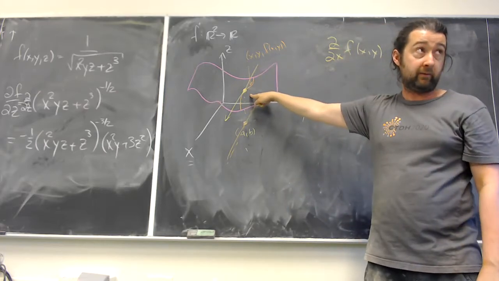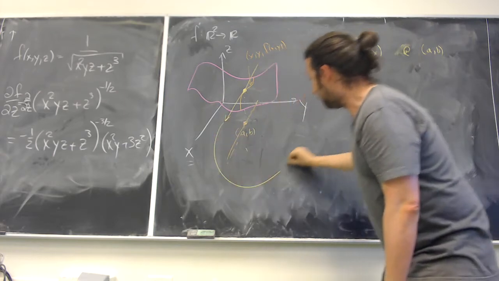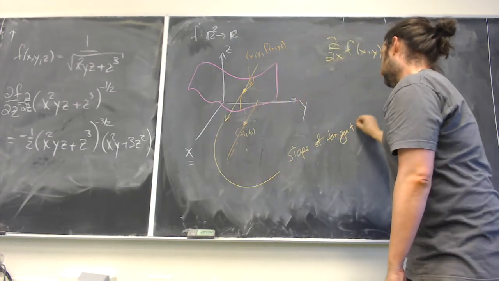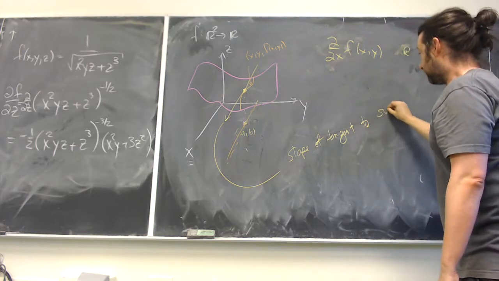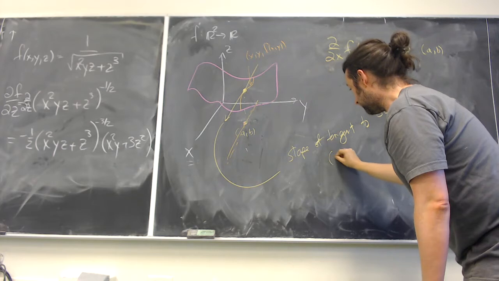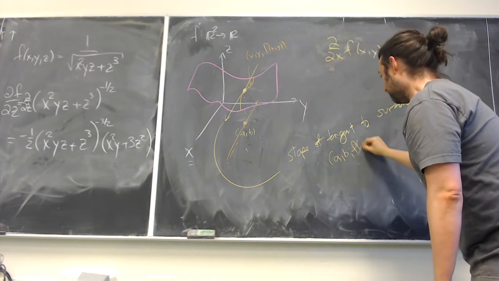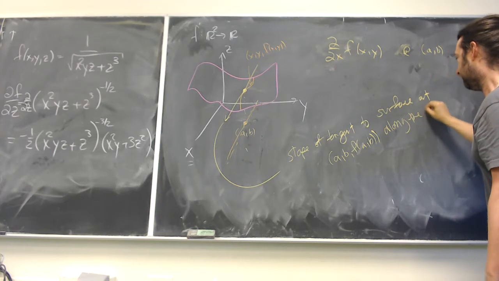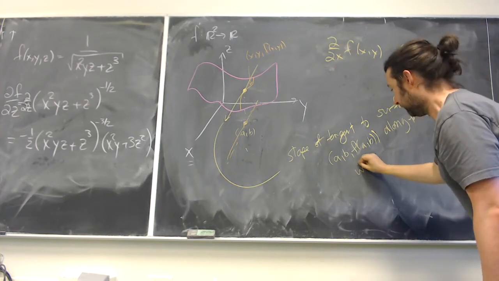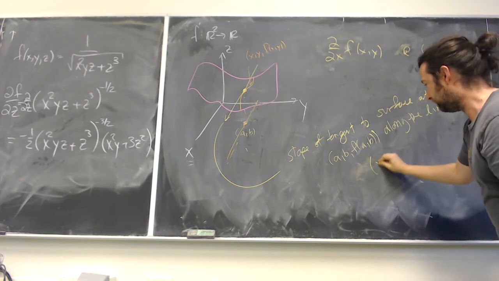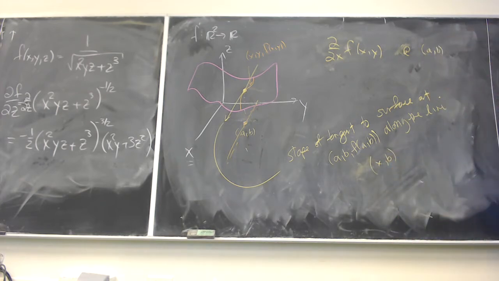So the slope of the tangent to the surface at the point a, b, f of a, b, along the line x, b. That's a lot of words, but what do I actually mean?